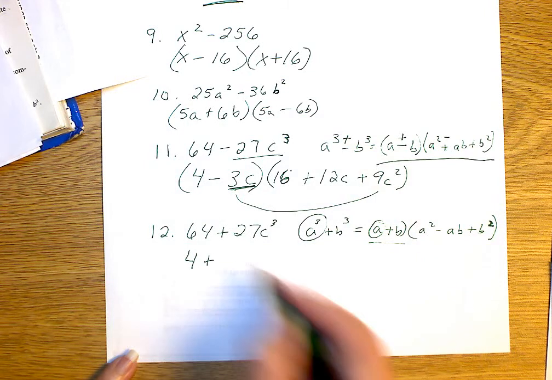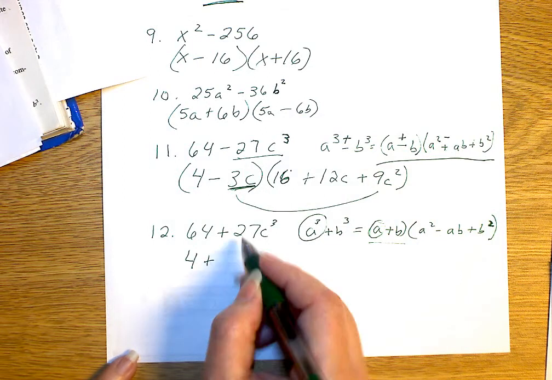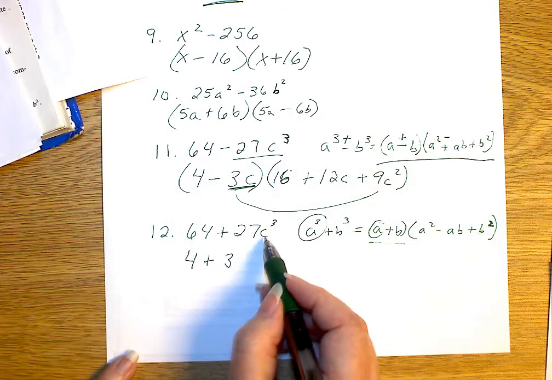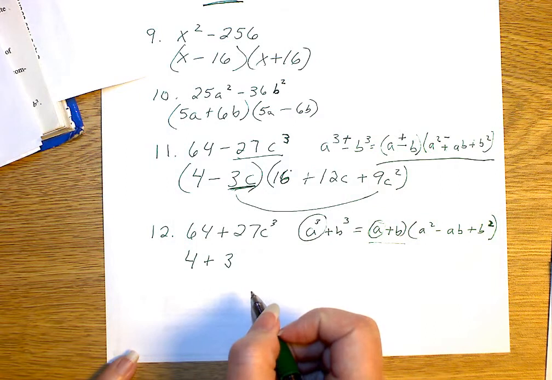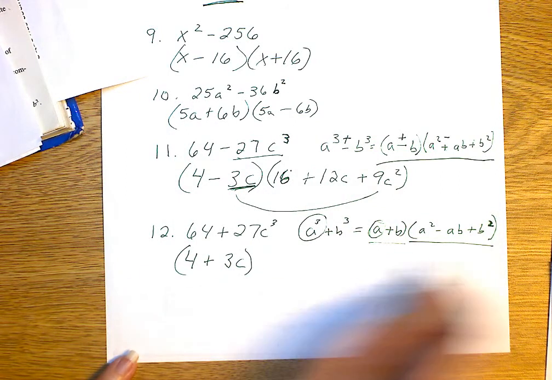And now what do I have to do? Yep, and so that is 3 because we found that up here. So 3. And then what about my c cubed? Yeah, we just put c, that's right. Now what does the rest of it say? What does it say to do?